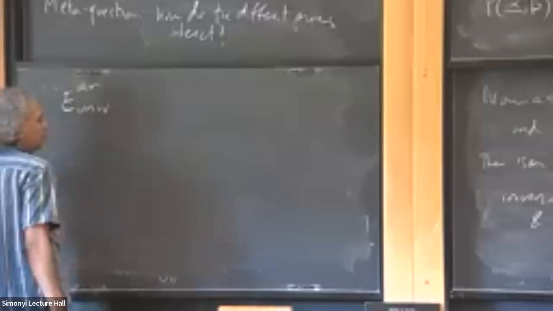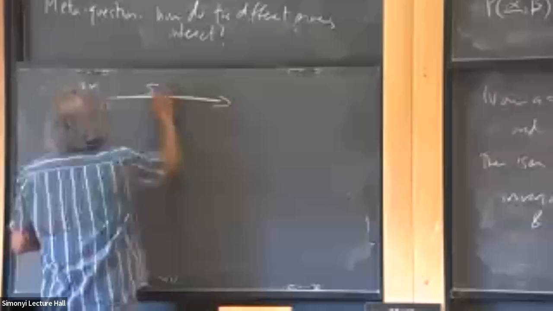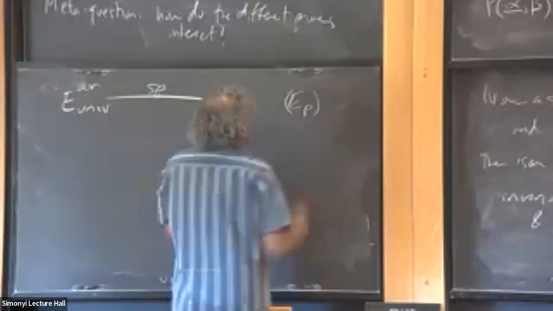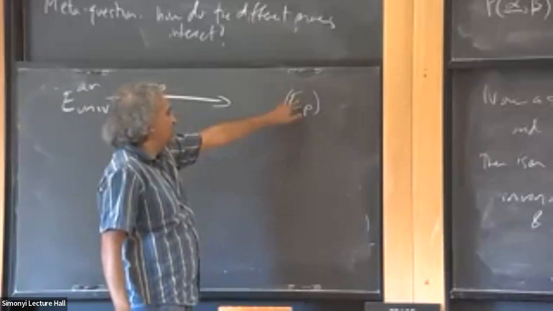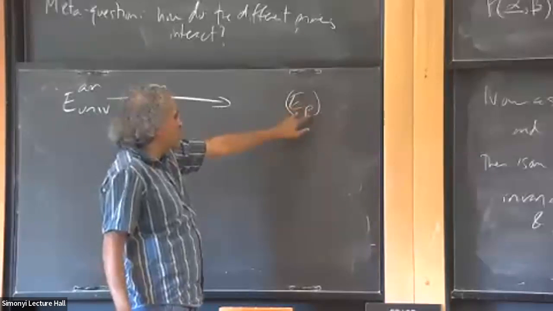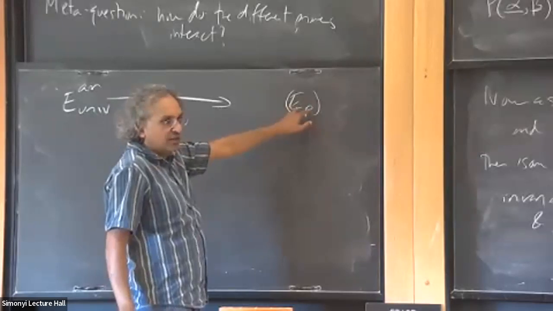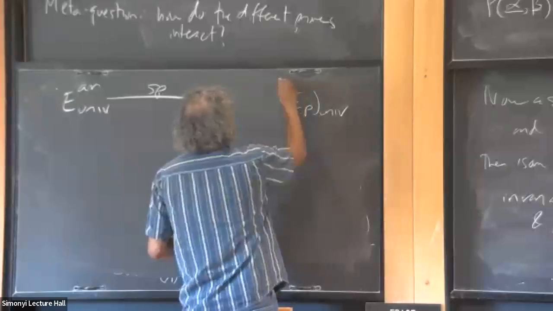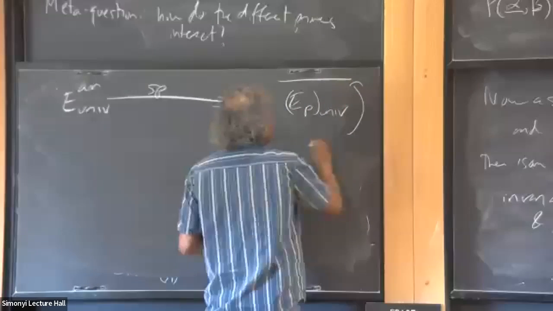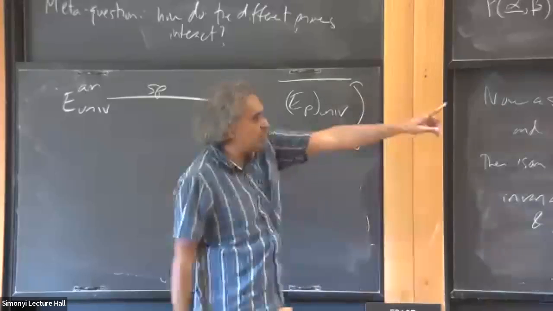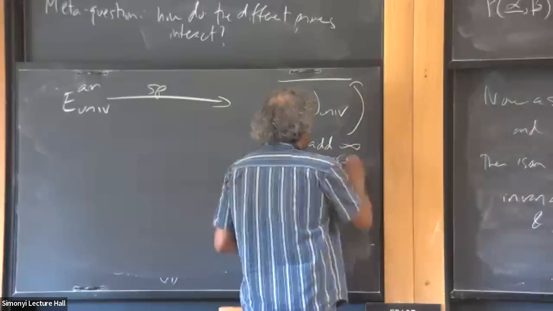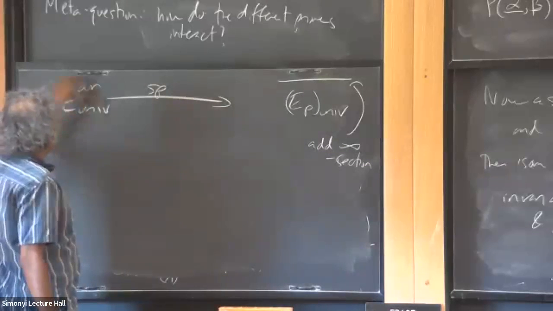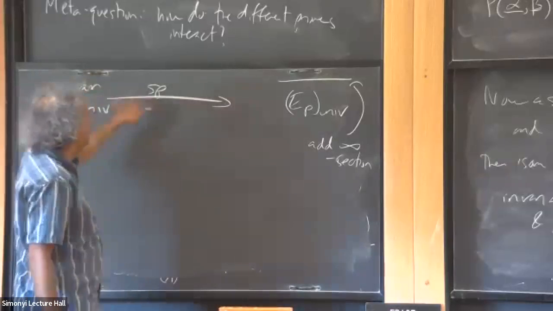If I take the rigid analytification of this thing, it has a specialization map to the following. I take E mod P, meaning I take the unique smooth model at P and reduce to get something over F_p. I take the universal vector extension of that, and then I complete it: I have a G_a bundle, so I throw in the infinity section to get a P1 bundle. I could also put the compactification here, but I'm only going to use this part.